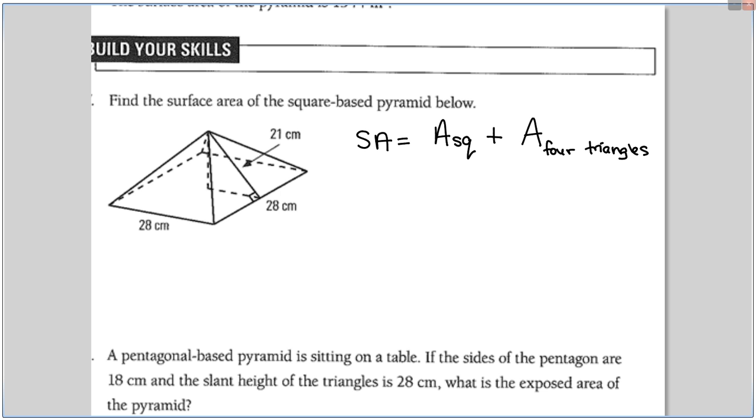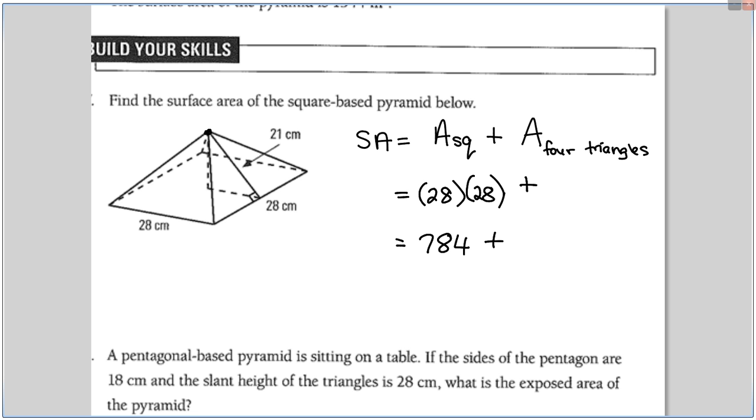Is everybody okay with that? So the square is the base, and then there's 4 triangles that meet at the apex. Everybody see that? Alright, so what's the area of a square? Just 28 times 28. Or you could write it like 28 squared, but it doesn't really matter. Just length times width that are the same. You get 784 for that part.